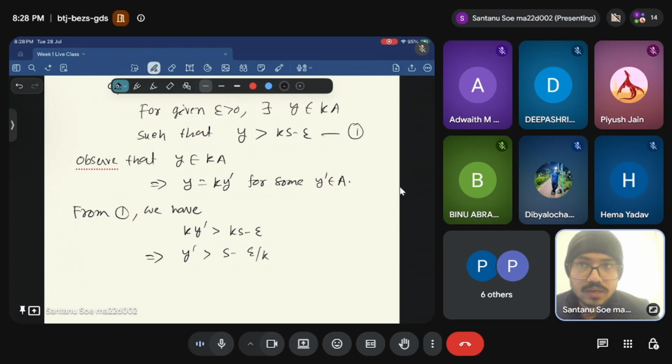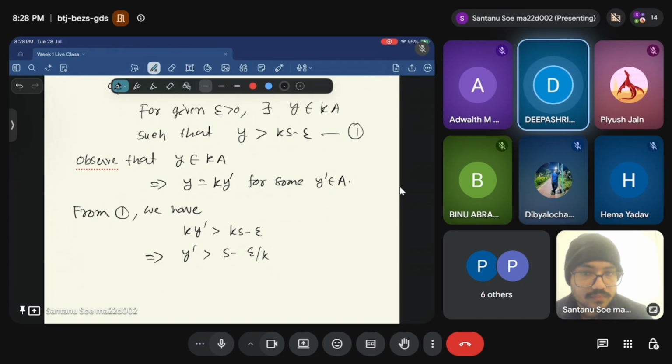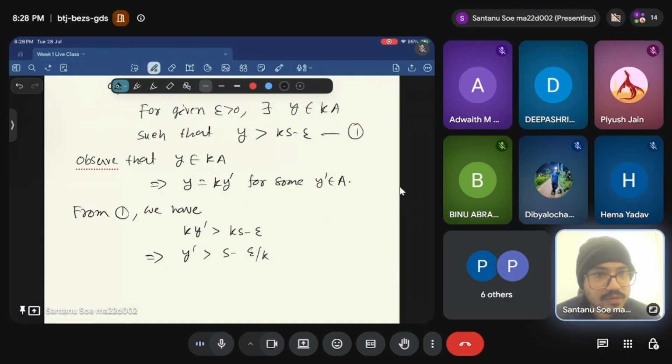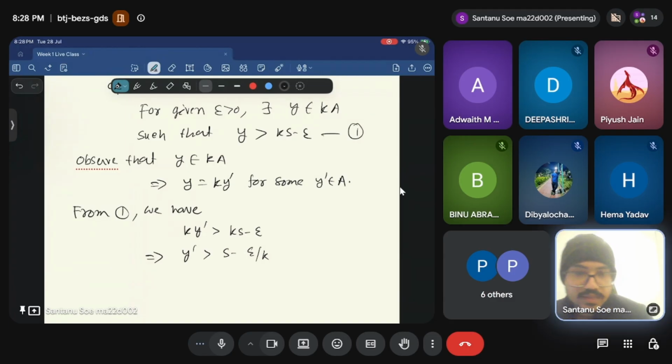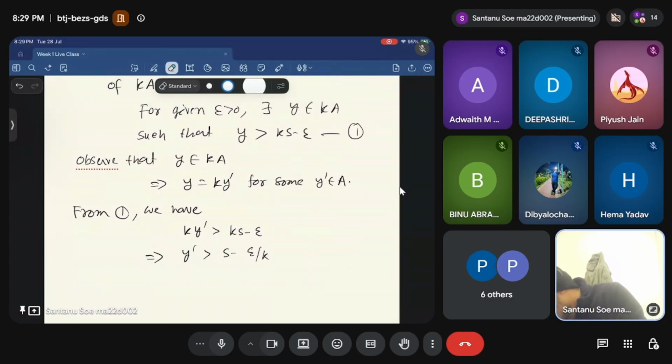There is one more line to finish the proof. So we got some element y prime in A, which is greater than S minus epsilon over k, so S is not the least upper bound of the set A. Correct.